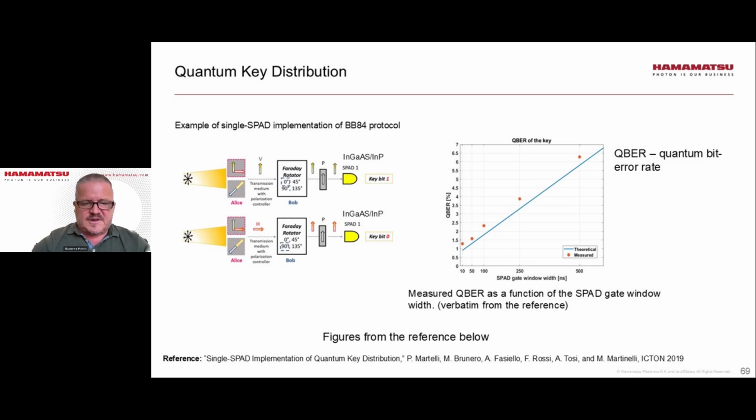However, for example, this recent article showed that you can perform the BB84 protocol using a single SPAD, and the efficacy of this approach is shown by the qubit bit error rate, shown in red dots, which is slightly higher than the theoretical error rate.